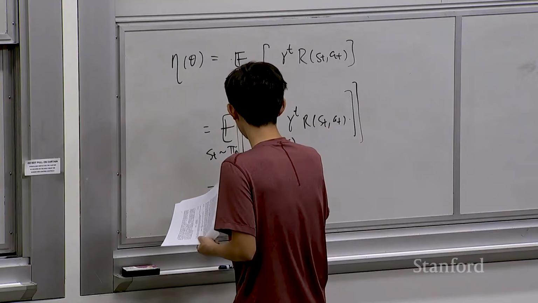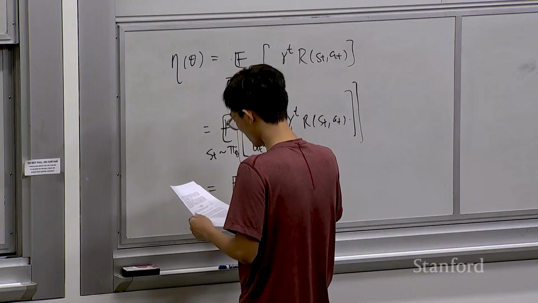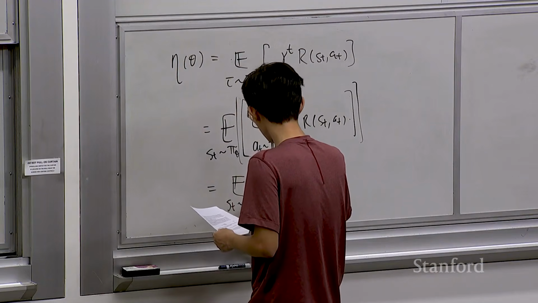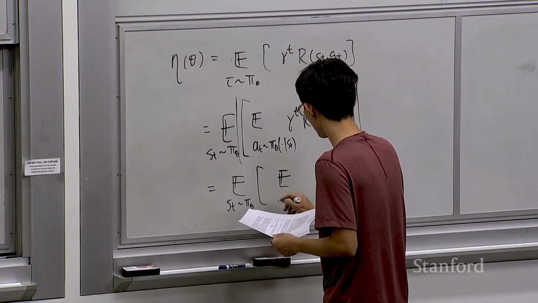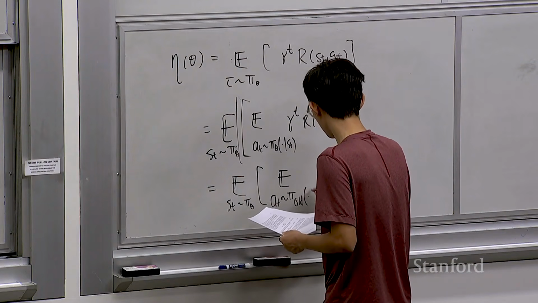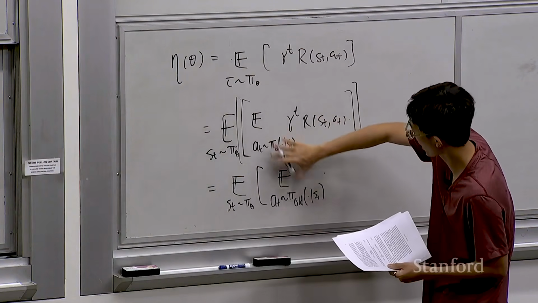I think this is actually an equality, right? So you say, if ST comes from the new policy, and then I do importance sampling where I change the AT to be sampled from the old policy, and then I take an importance sampling term to correct for the differences.